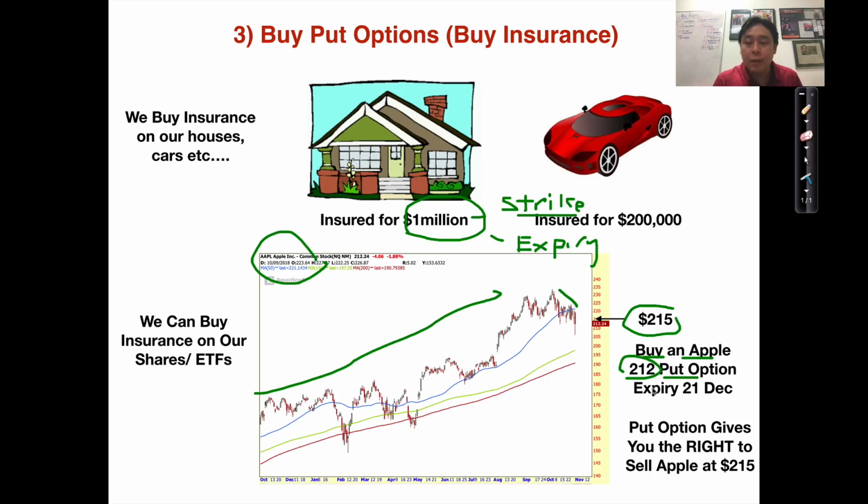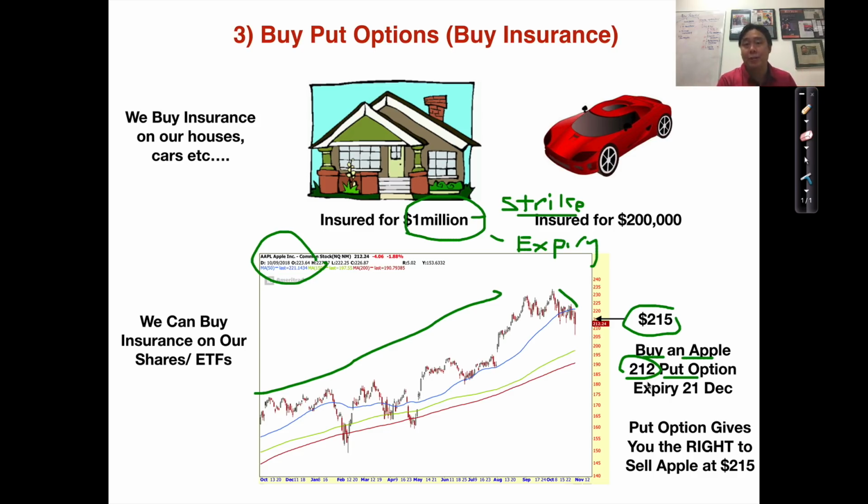So what does a strike price of $212 mean? It means when you buy a put option, you now have the right to sell Apple shares at $212 no matter where it goes. So even if Apple goes to zero, you will get paid $212 for your Apple shares because you bought insurance.